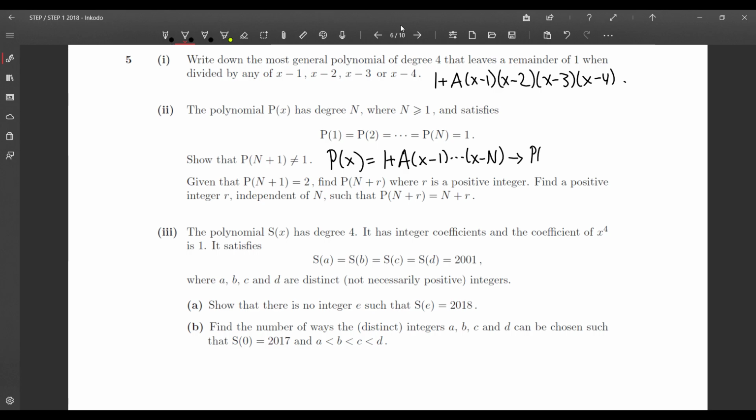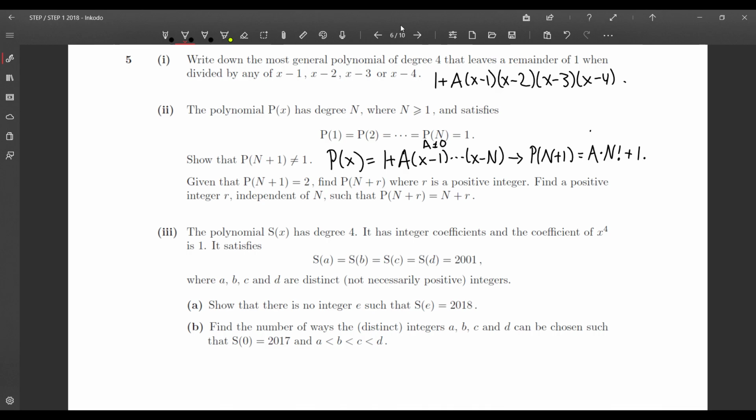So p of n plus 1 will equal a times n factorial plus 1. And of course a is not 0, because this is nth degree. If a was 0, then this would be a constant function, but p of x is nth degree, so a is not 0, so this is not equal to 1.